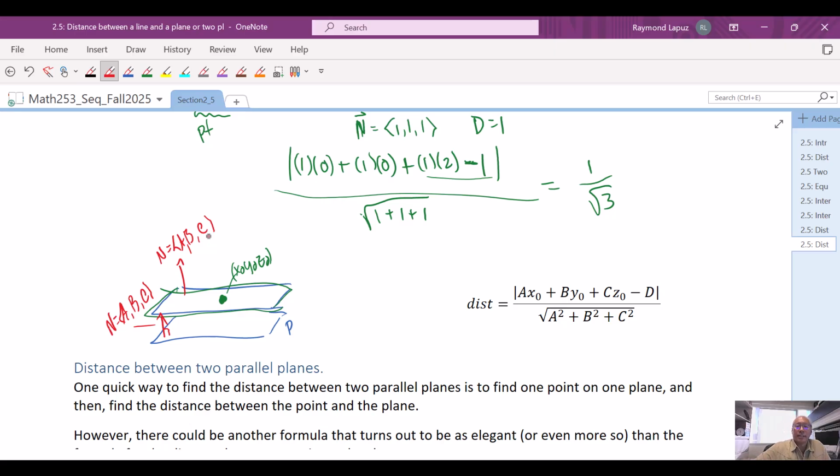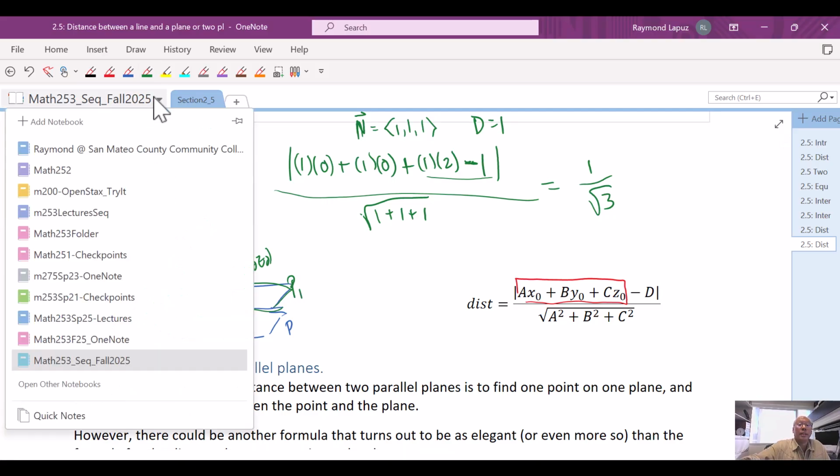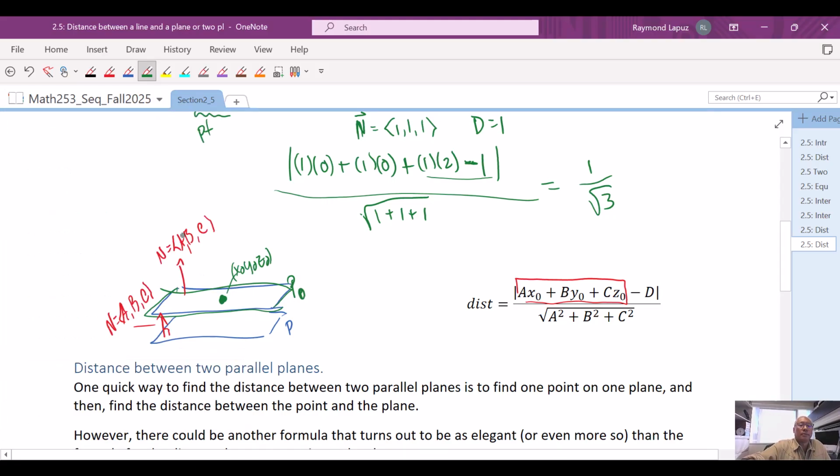And if it is exactly the same, then this expression over here, let's backtrack a little bit. Let's call this plane P naught, because we're using x naught, y naught, z naught that's on that plane. And let's call this plane P1.